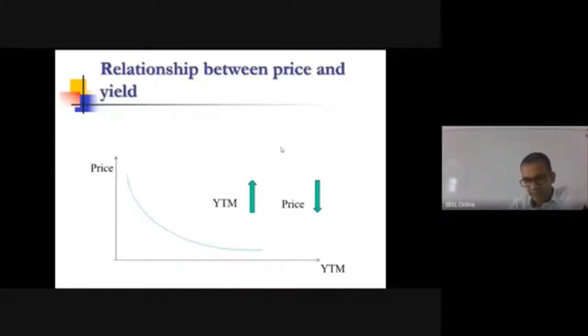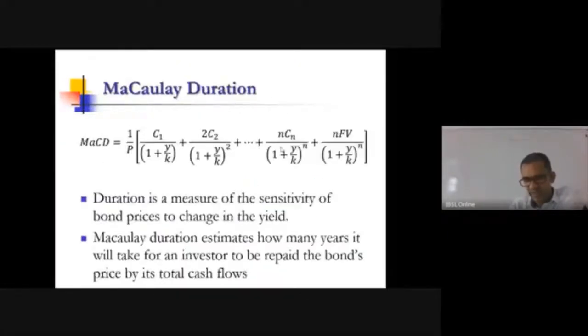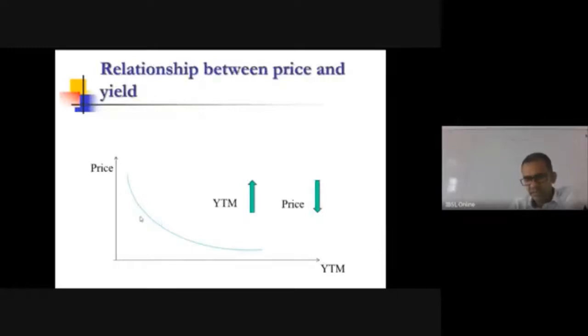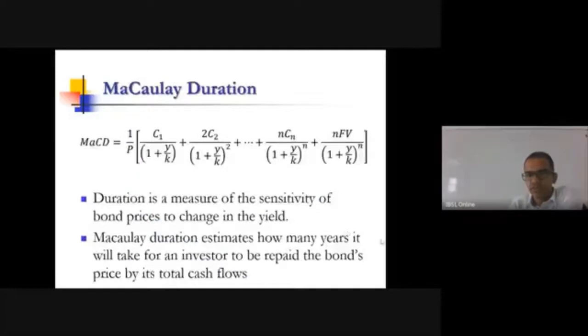So as I mentioned, how do we measure the sensitivity for a given change in yield? What would be the change in price? That sensitivity we call duration. There are a few definitions of duration.